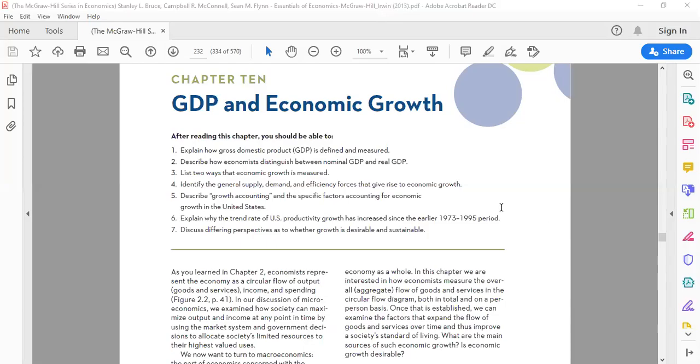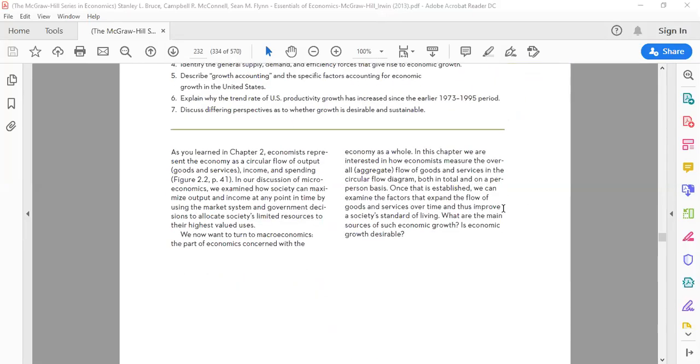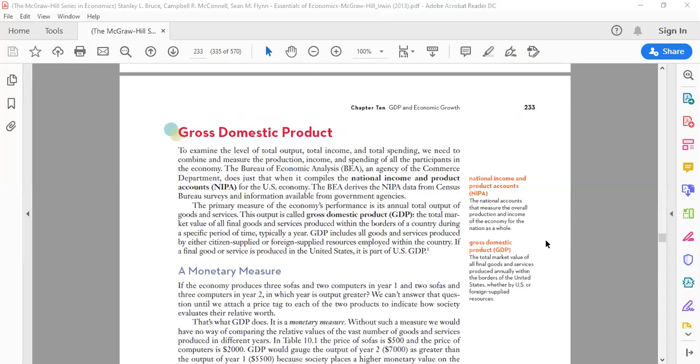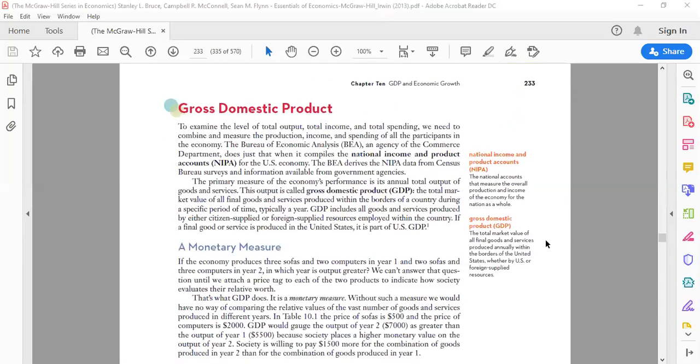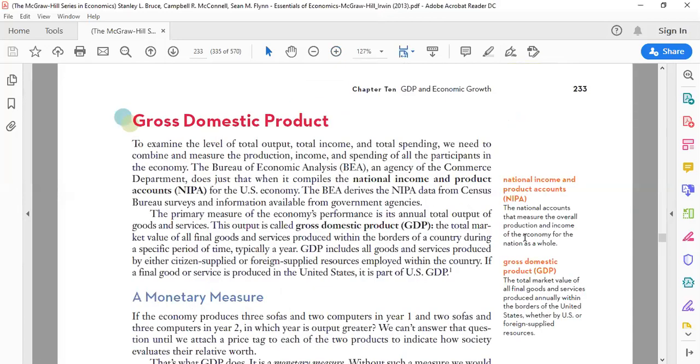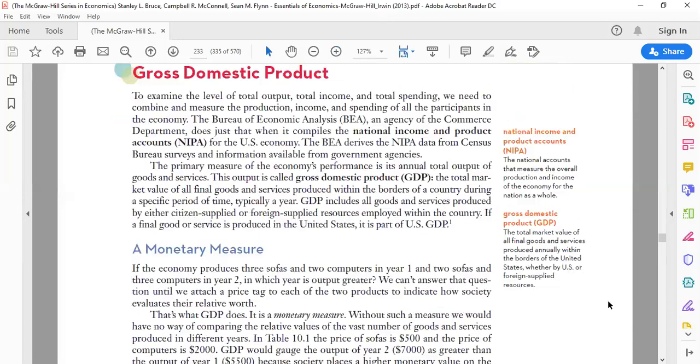GDP and economic growth. GDP stands for gross domestic product. It tells us about the total market value of all final goods and services which are produced annually within the borders of a country, or within the territorial boundaries of a country.